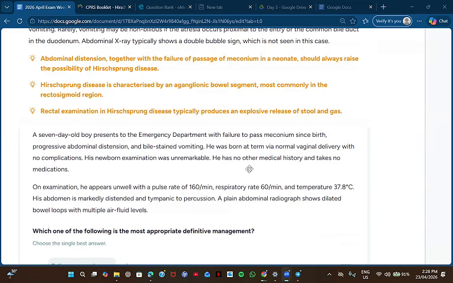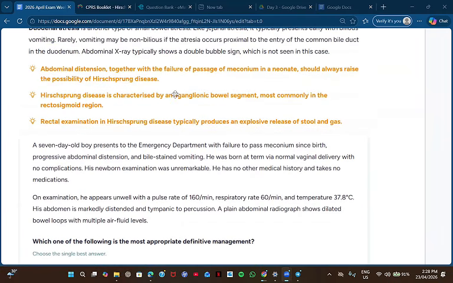He has no other medical history and takes no regular medications. On examination, he appears unwell with pulse rate 160, respiratory rate 60, temperature 37.8. Abdomen is markedly distended and tympanic to percussion. A plain abdominal radiograph showed dilated bowel loops with multiple air fluid levels. What is the most appropriate definitive management? So, what do you think?